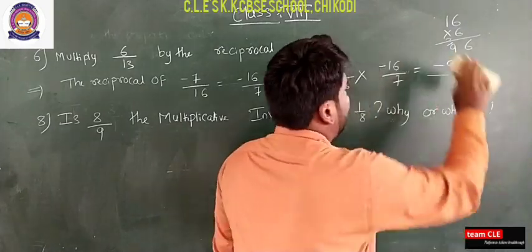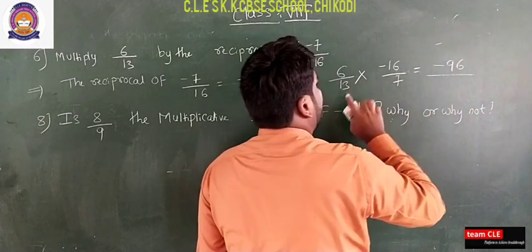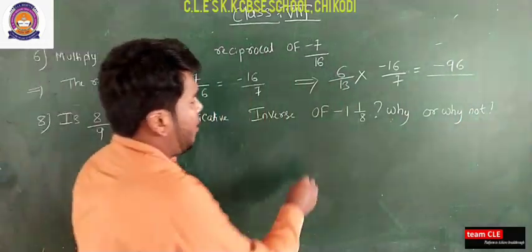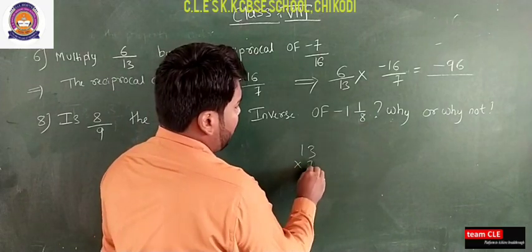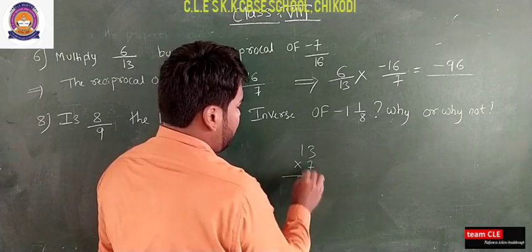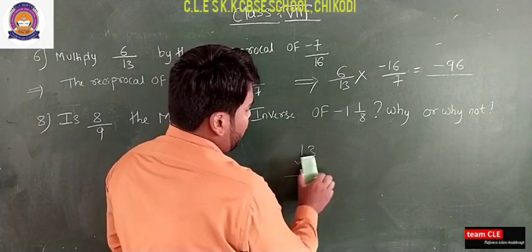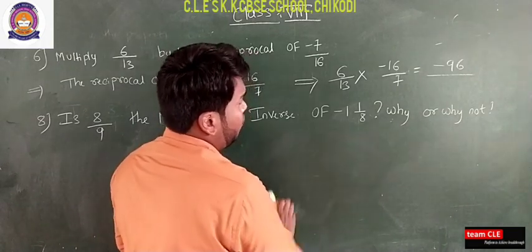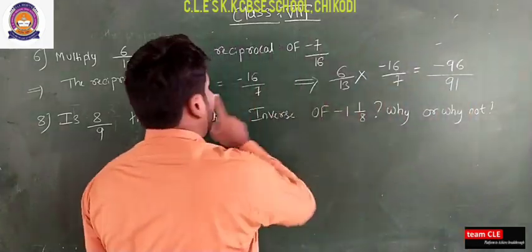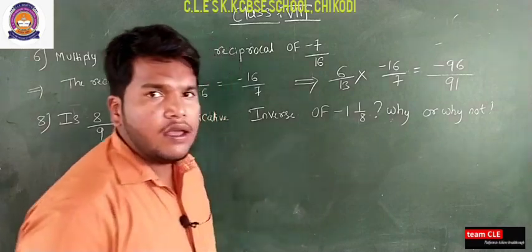Next, 13 sevens are 91: 7 threes are 21, 7 ones are 7, 7 plus 2 is 9, so 91. So you will get the required answer as minus 96 by 91.